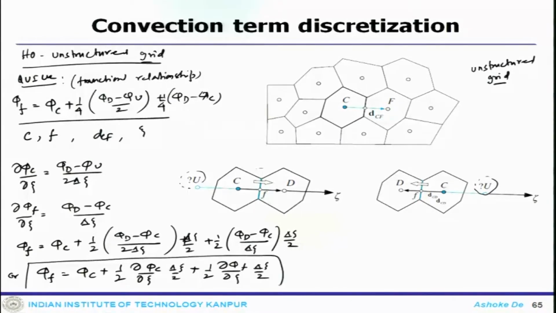So, one can get this. Now you have this vector dCF between C and F.